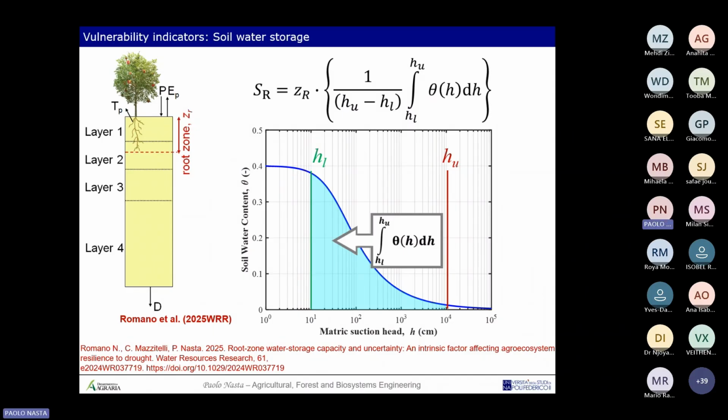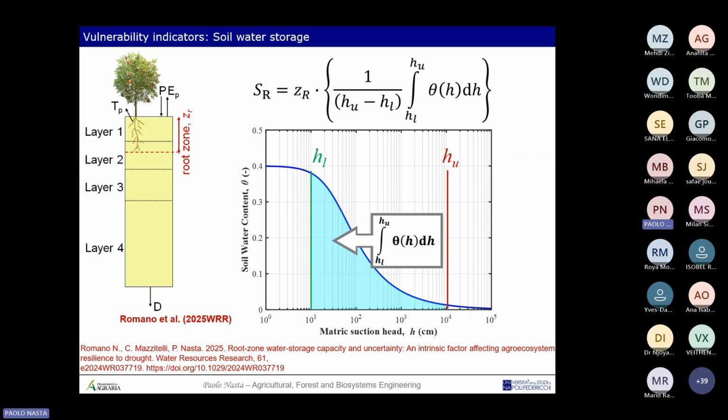So basically, the definition of the soil water storage is given in the nice figure on the right. That is the water beneath the water retention function. So you have to solve the integral between two limits, the upper limit and the lower limit in terms of pressure head. And you have to know, of course, the depth of the root zone.